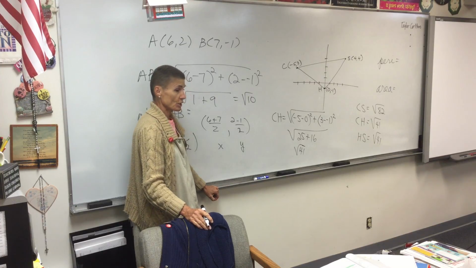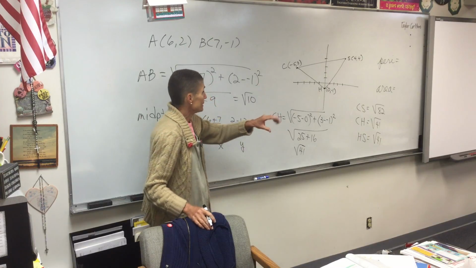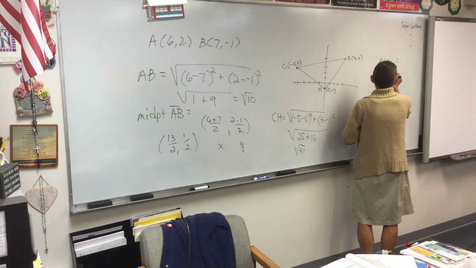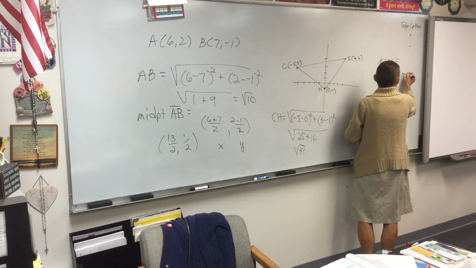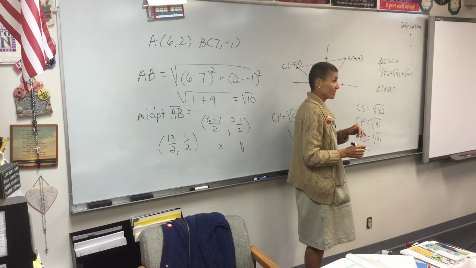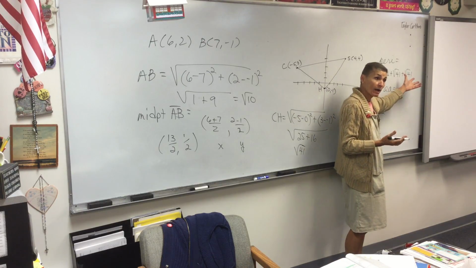Okay, so our job was to find the perimeter. So we found all 3 sides now, so we're going to add them up. That would be root 82 plus root 41 plus root 41. Now, actually, you can add these two together because they're the same radical.